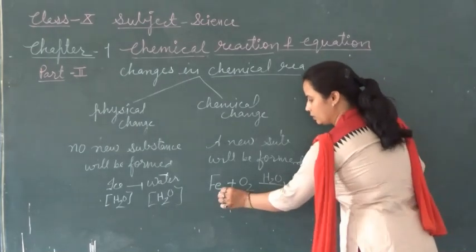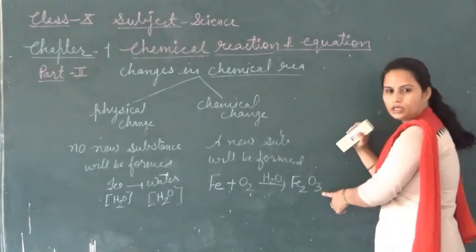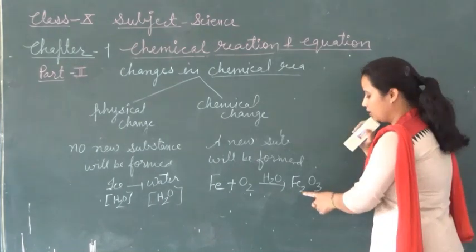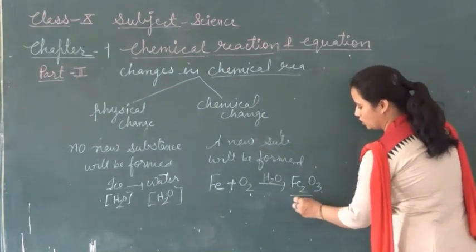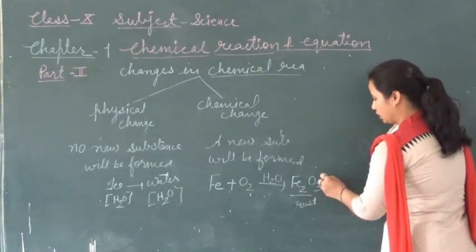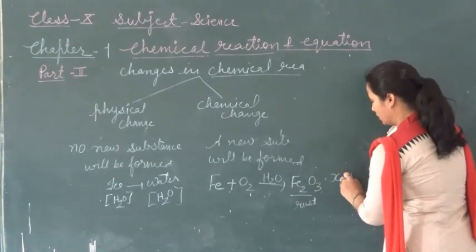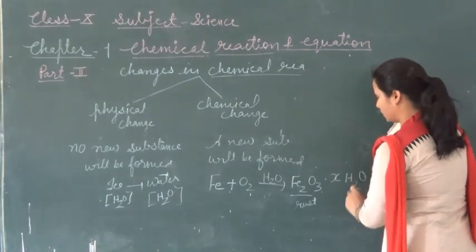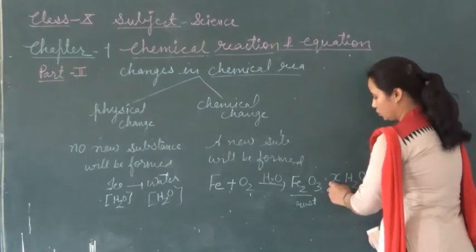Here the iron is a metal and Fe2O3 is a metal oxide which is called rust, and the actual formula of rust is Fe2O3 dot XH2O. It means an unknown number of water molecules.